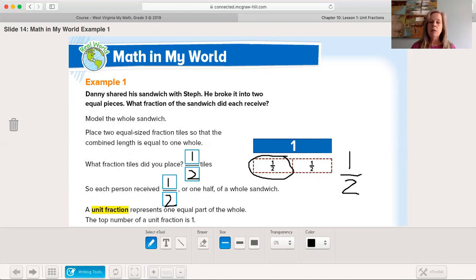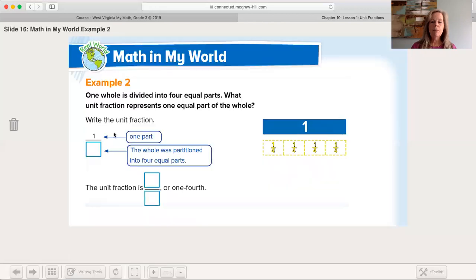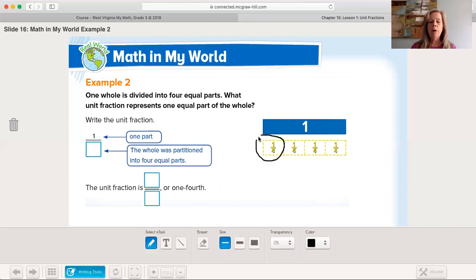Let's explore it further. One whole is divided into 4 parts now. What unit fraction represents 1 equal part of the whole? So, what unit fraction represents just 1 part?